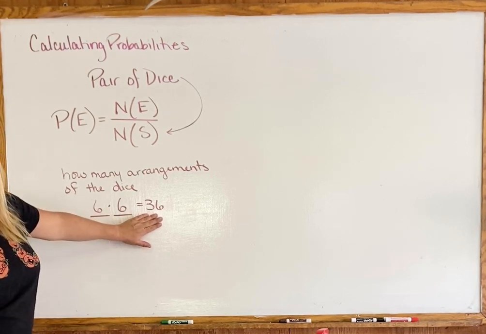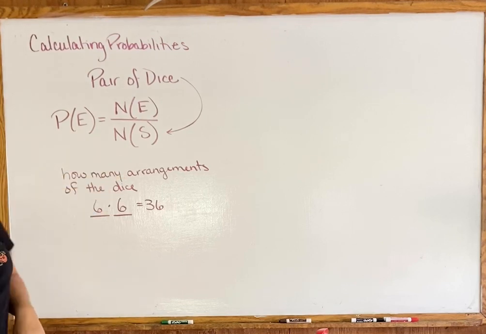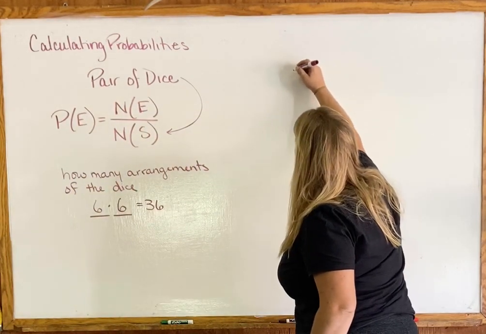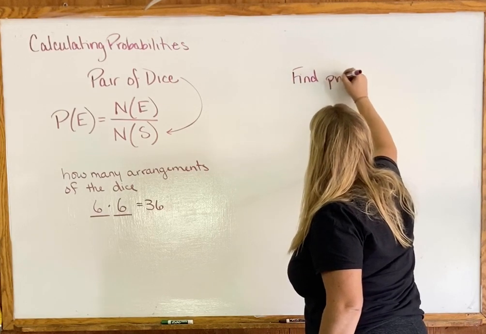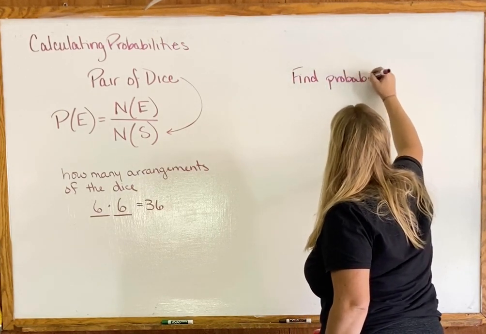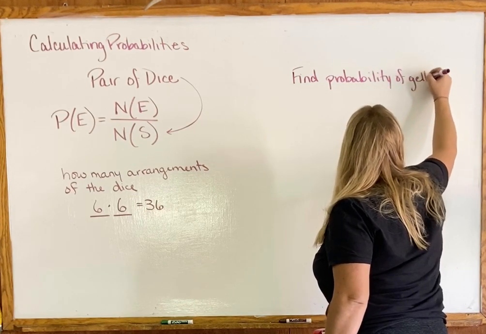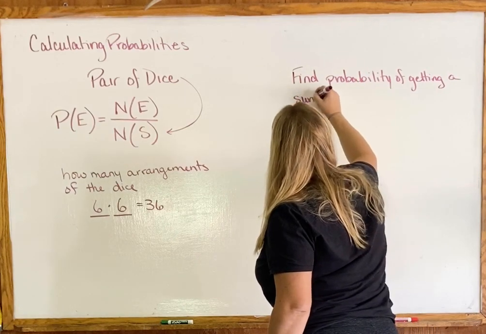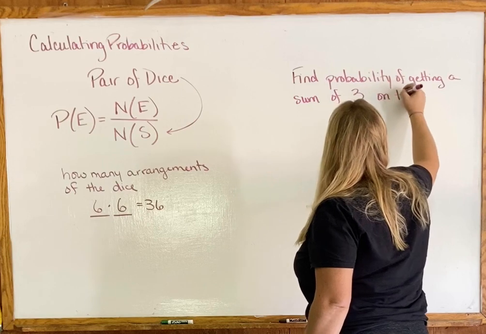Now, that sets us up for the rest of our problems by giving us the denominator of our fraction. So now, if we're rolling a pair of dice, we want to find the probability of getting a sum of 3 on the dice.